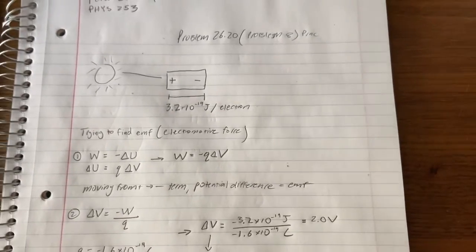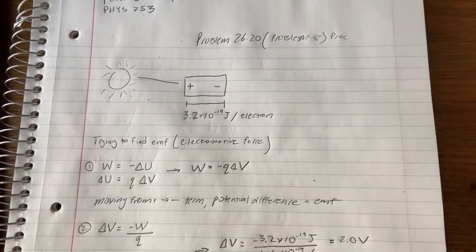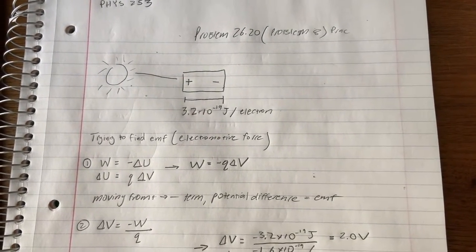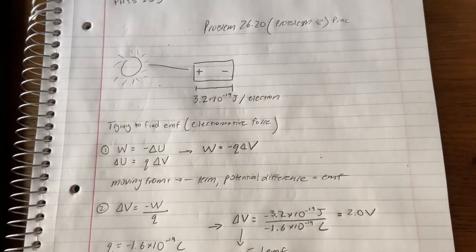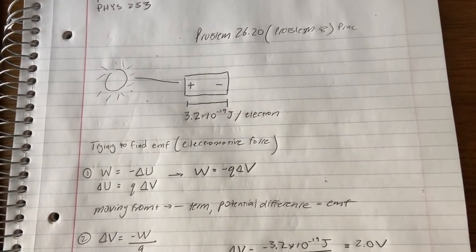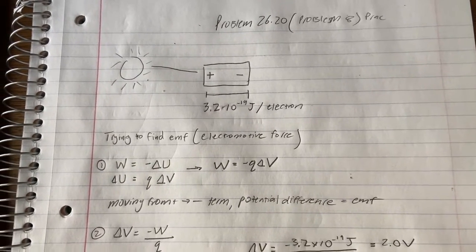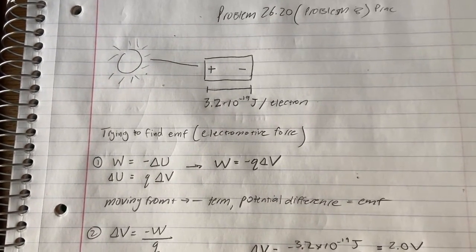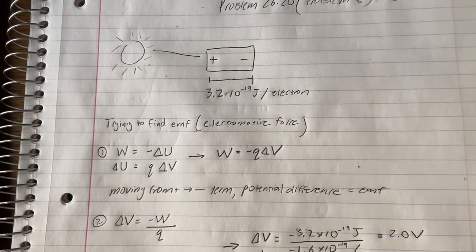Now that we've outlined exactly what the electromotive force is, we can use some equations and rearrange them to ultimately find this electromotive force. So we know that the work done by these electrons is going to be equal to the negative change in the potential energy.